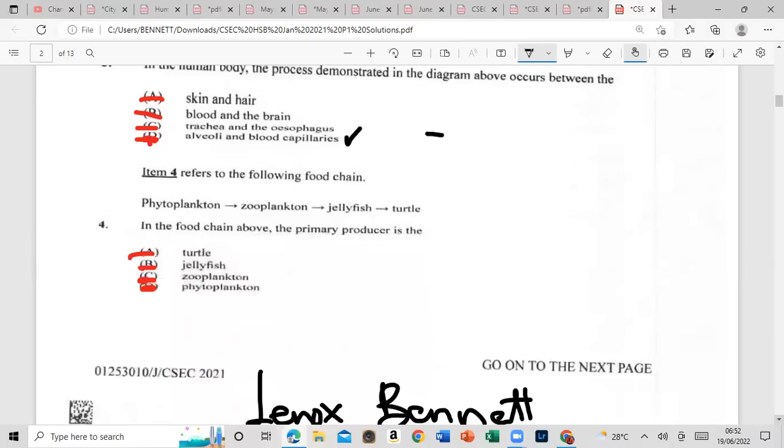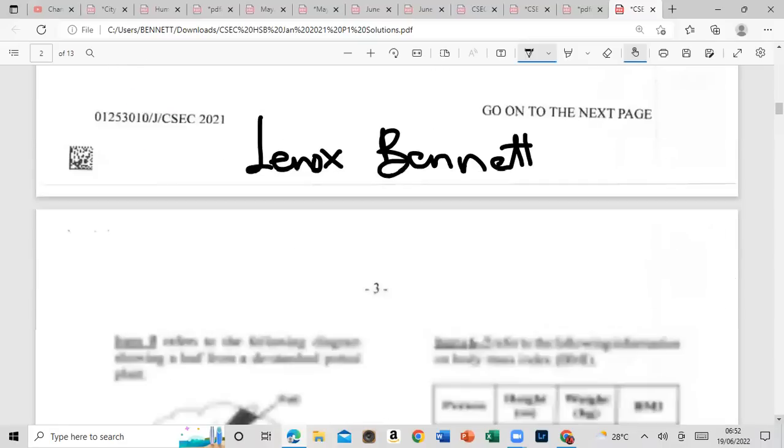Item 4. Refer to the following food chain: python plant, zooplankton, jellyfish, turtle. In the food chain above, the primary producer is the turtle, the jellyfish, the zooplankton, or the python plant? And that is the python plant. Right, let's continue to number 5.